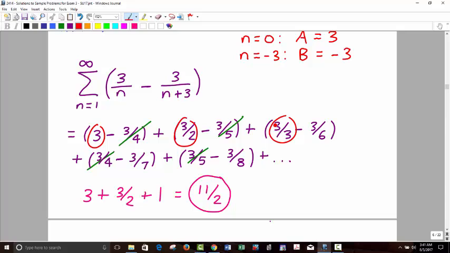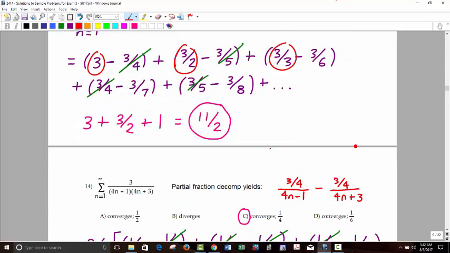I believe in my class notes I did one with a difference of 4, like n and n plus 4, so it was the first 4 terms of the parentheses that were added together. That's a nice, shorter way to do it, or a way to check yourself: if you did it this way and go, oh yeah, it's only going to be those 3 terms because the difference in the denominator is 3. So, okie doke.